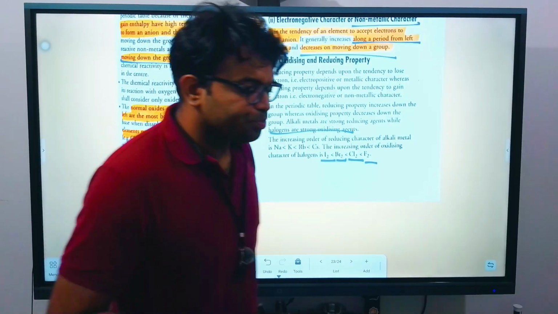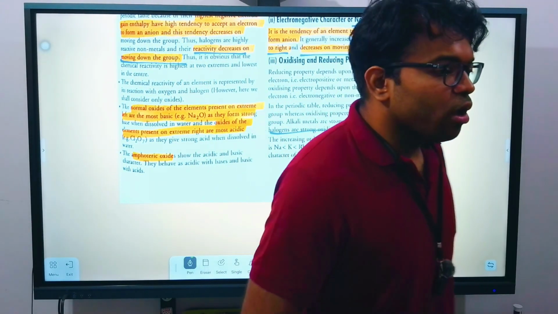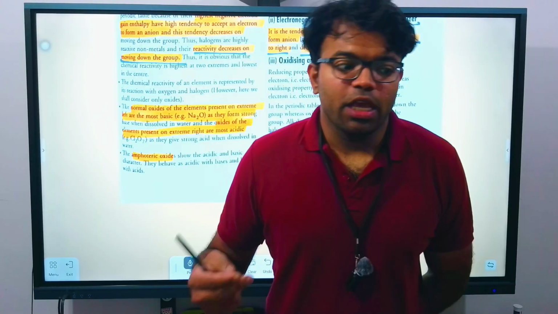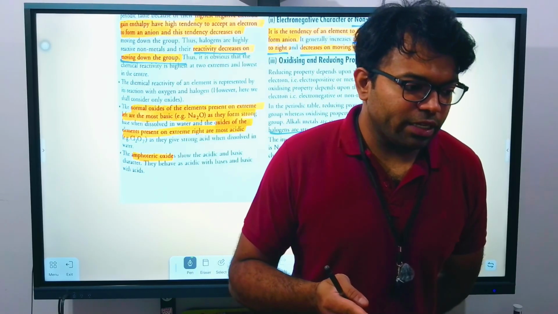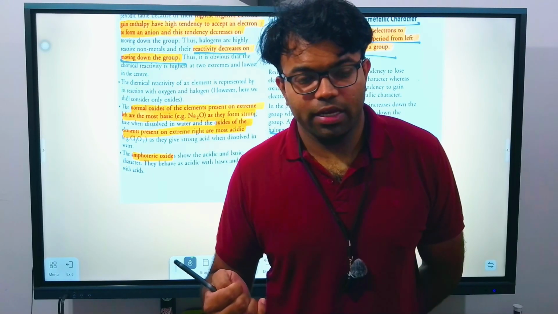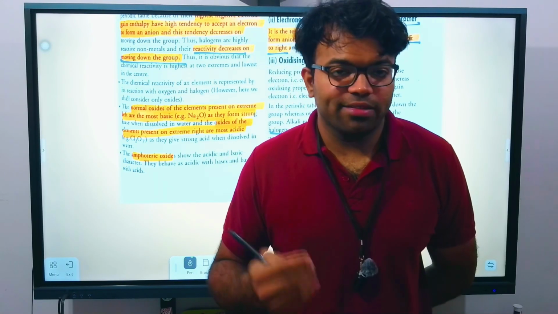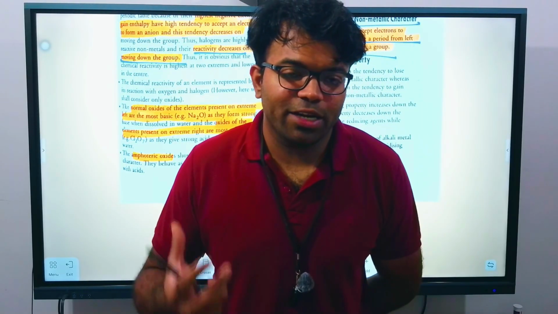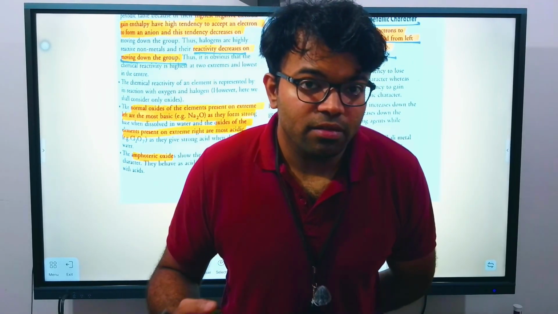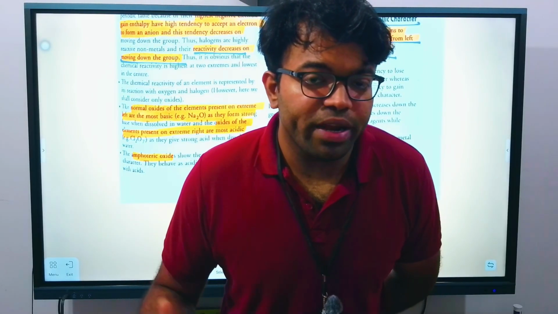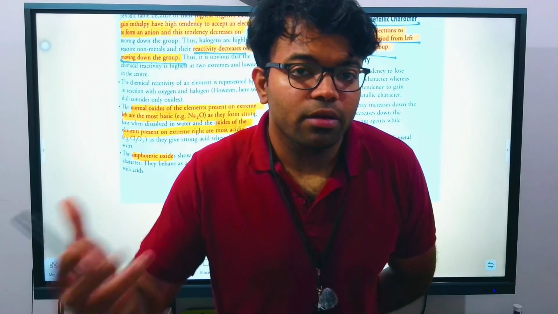Understood? So, if you have more electropositivity, you are a better reducing agent. If you have more electronegativity, you are a better oxidizing agent. Clear? Does what I said make sense? If you have more electronegativity, so you are a better what?